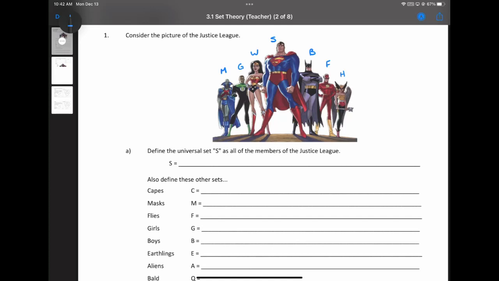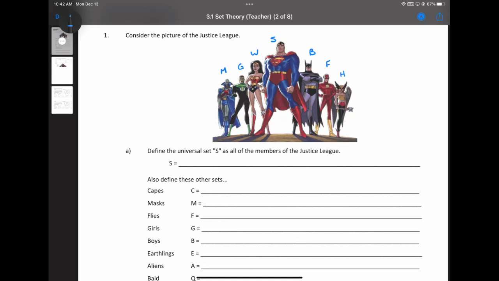Is it a problem that we called Superman S? The answer is no, it's not, because we've reserved S as the only set to be called S. Superman S is an element within the set. So there's a difference between the sets themselves and elements within the sets. They can coincidentally be the same letters. It's just we can't have two different sets defined differently with the same letter.